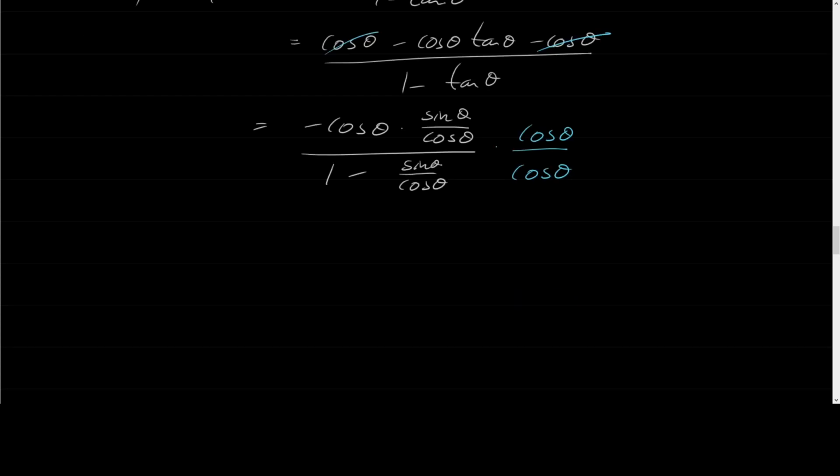On the numerator, this cosine and this cosine cancel each other out, so you end up simply with negative cosine theta times sine theta. On the bottom, distribute this cosine. Cosine times 1 is cosine, and cosine times sine over cosine is just sine.